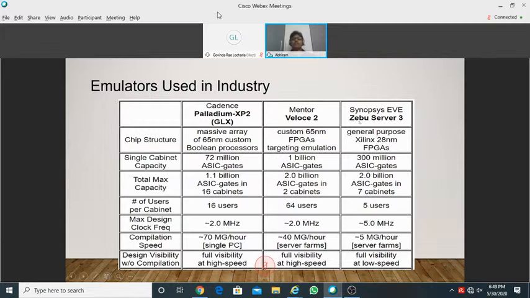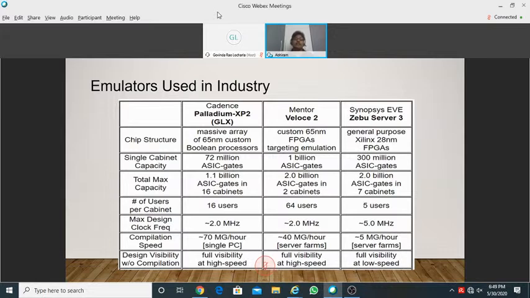Each of them has its own specification, so based on customer requirements and the complexity of the SOC, we have to choose.